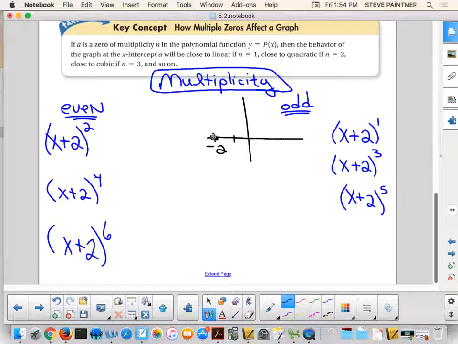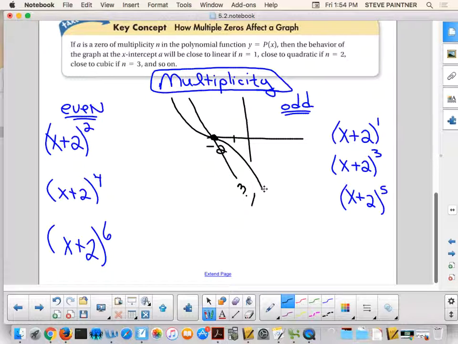When your multiplicity is odd, your graph of your polynomial will come down to it, and it actually goes through the x-intercept. But if the multiplicity becomes 3, it still goes through, but it goes through like this, a little slower.